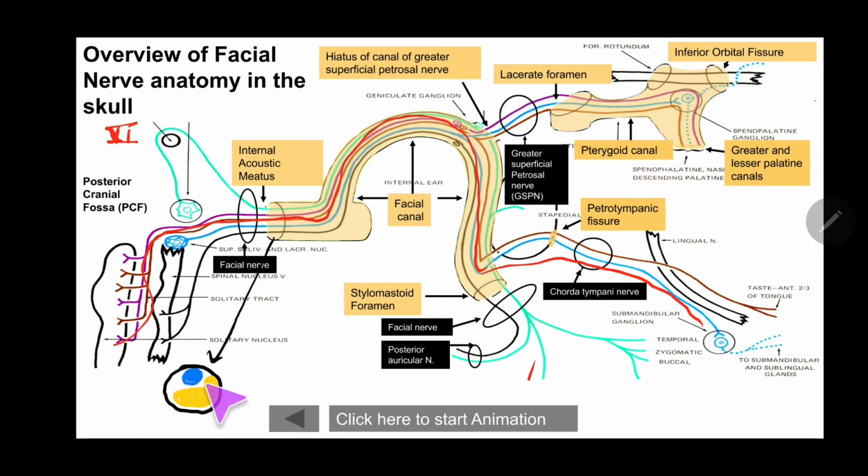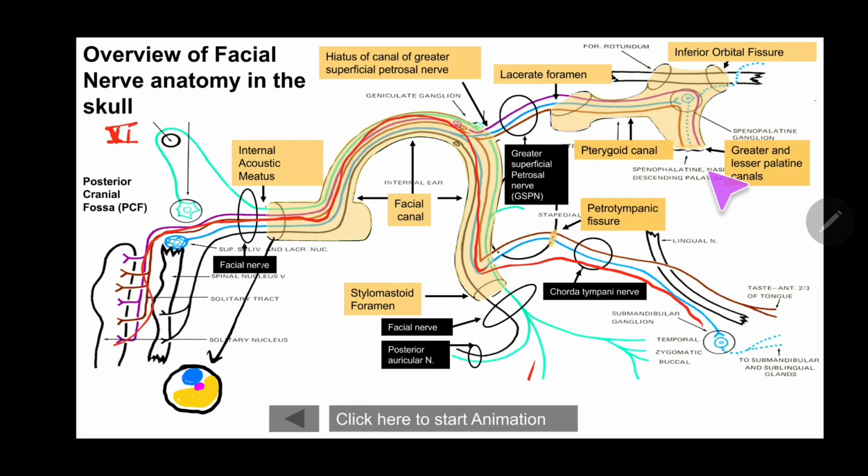So within this internal auditory meatus, the facial nerve will run above the vestibulocochlear nerve, and because it's a bulky nerve, it will depress and form a groove on the vestibulocochlear nerve, and in between the two will be a smaller division, another nerve, and that is the nervus intermedius, interposed between the facial and vestibulocochlear nerve.